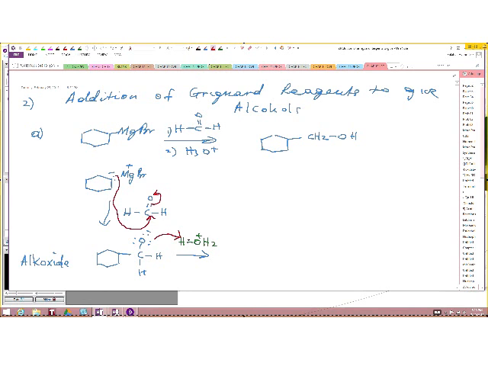This will grab this proton here, releasing this pair of electrons to oxygen to now give you alcohol. So this is the mechanism of this process.